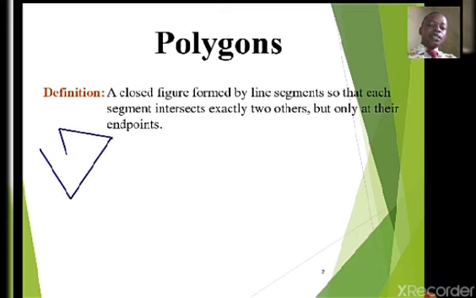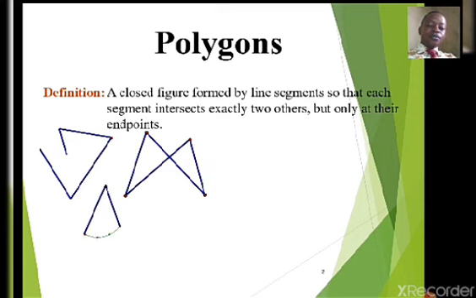We can see that the first figure's sides are not meeting at the endpoint, so that cannot be seen as a polygon. We can see another one. There is an intersection, so polygons must not have any kind of intersection in between. You can see another one.